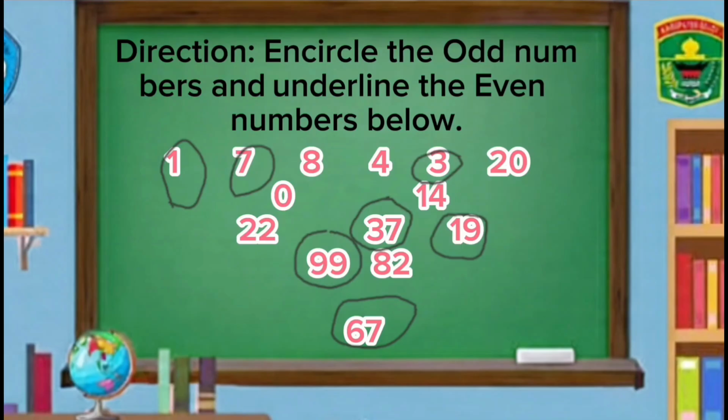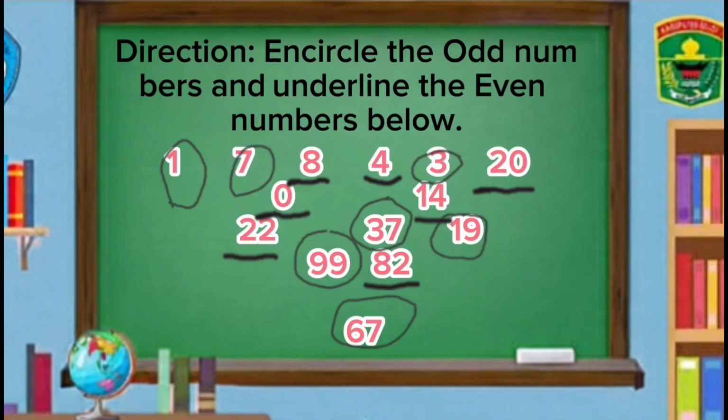Okay, let's proceed to the even numbers. Which are the even numbers below? We have 8, 4, 20, 0, 14, 22, and 82.